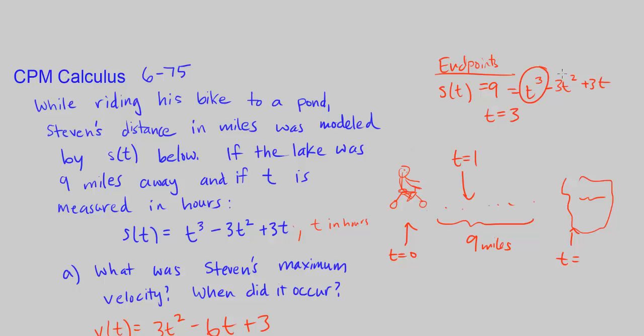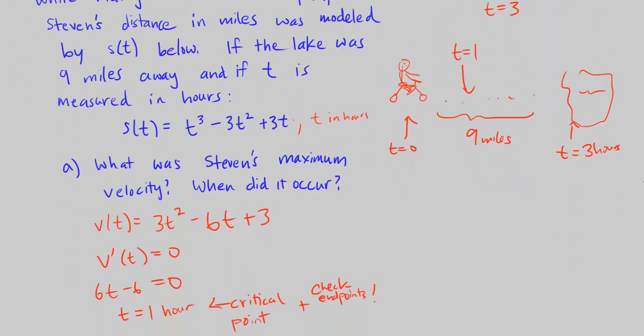In fact, you could see it: 3 cubed is 27, minus 3 times 3 squared is minus 27. These cancel out. Then we have plus 3 times 3, so that gives us 9. So at t equal to 3 hours is our endpoint.